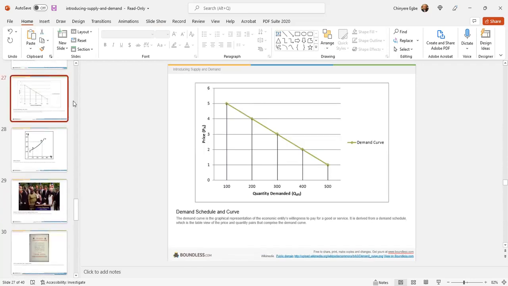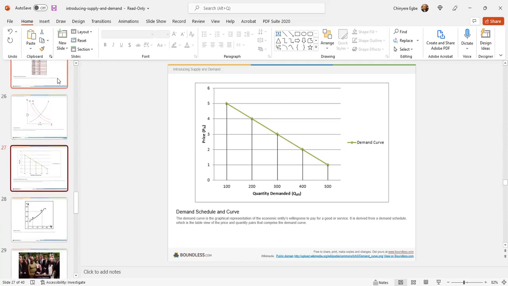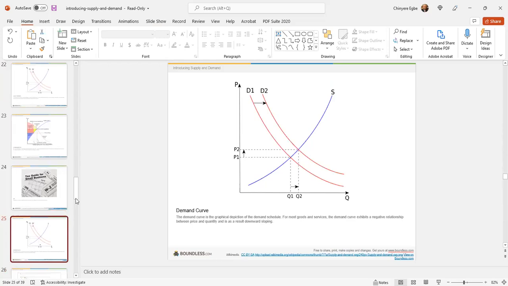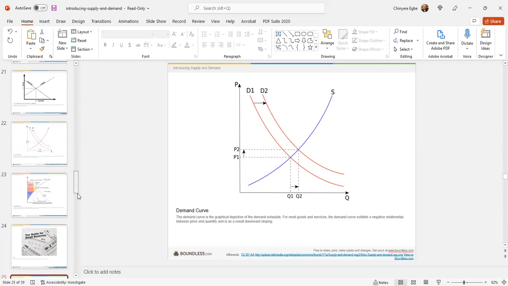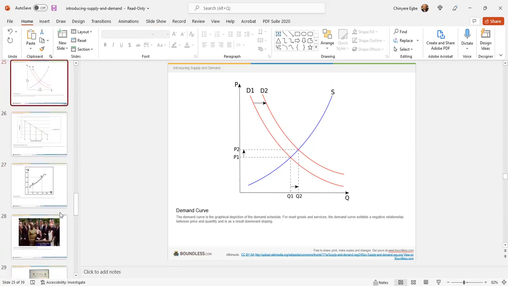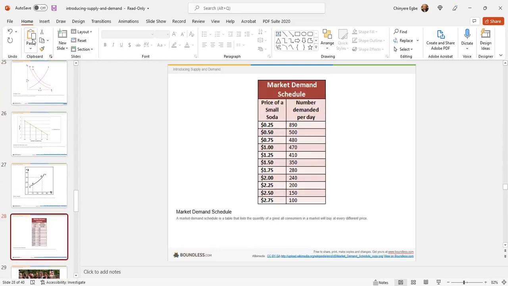Okay, so that's the proper place for it to be. Please pardon my rearrangement. The demand schedule.